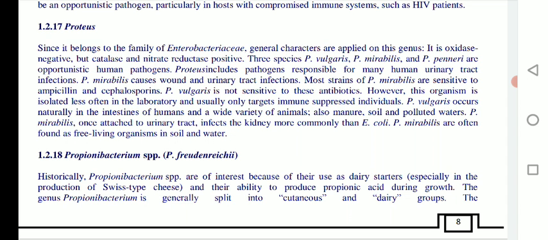So in short, bacteria of the genus Proteus are present in soil, water and some polluted environments, and include different organisms like Proteus vulgaris, Proteus mirabilis and Proteus penneri, which are mostly involved in urinary tract infection.